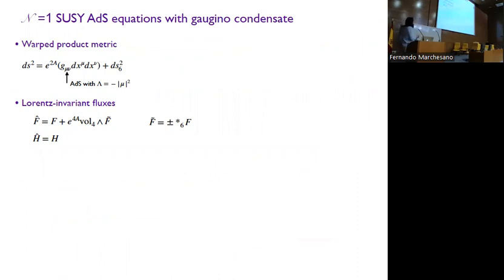So let's start with the equations first without gaugino condensate. These things are general. We have a warped product metric of ADS with cosmological constant that is minus mu squared. So this parameter mu will appear, and it's the square root of the cosmological constant. And this is a maximally symmetric space.